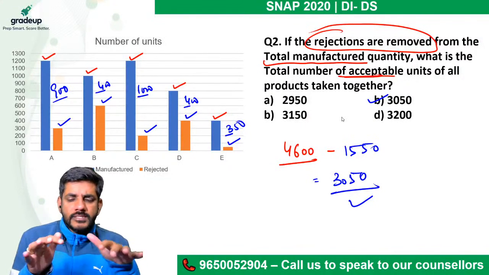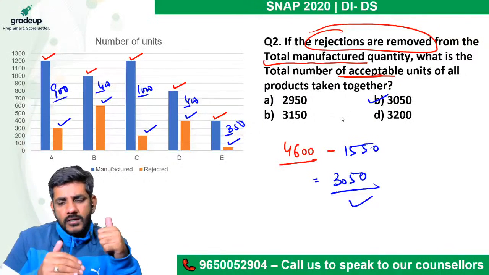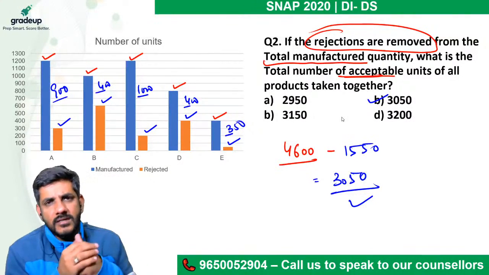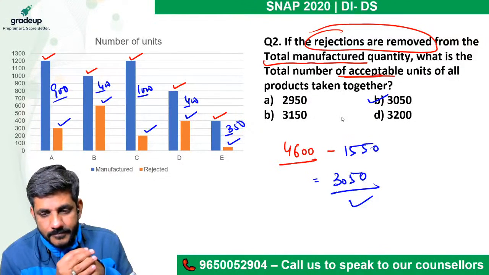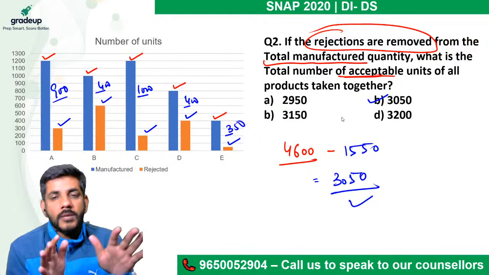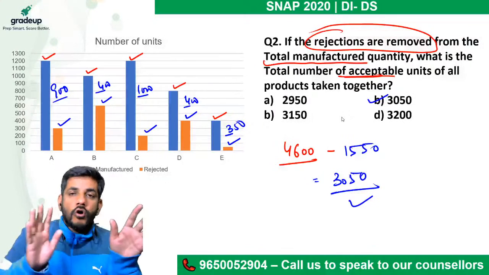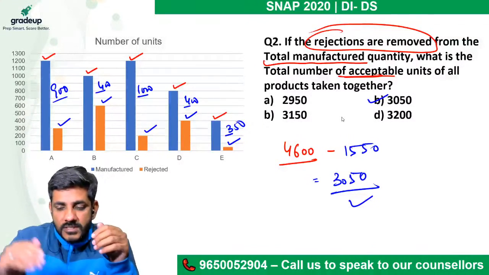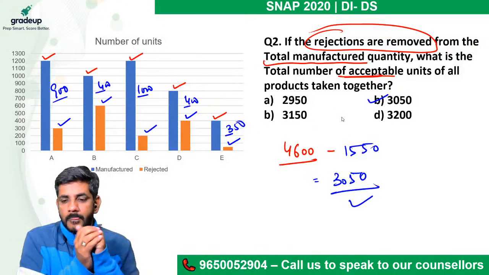So you always just predict it to the best possible level, and generally, even if you are going slightly above or slightly below, it would not make a difference. That is definitely not going to change your answer. They will not give you options which are so close that just by changing smaller values, it will make a difference. That's the point that I'm making.